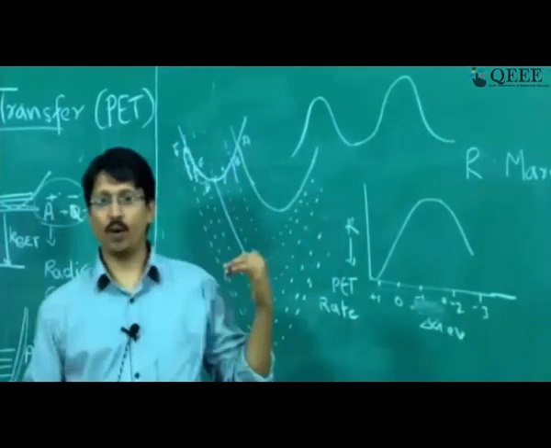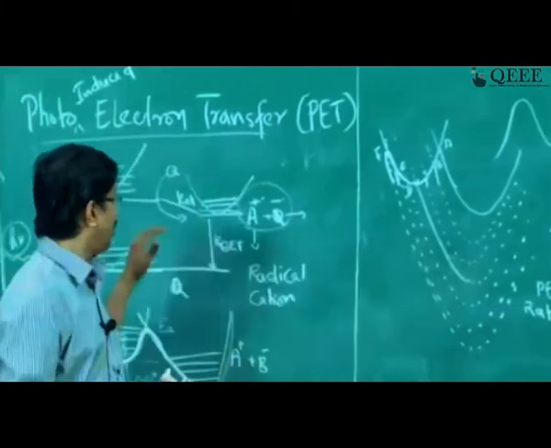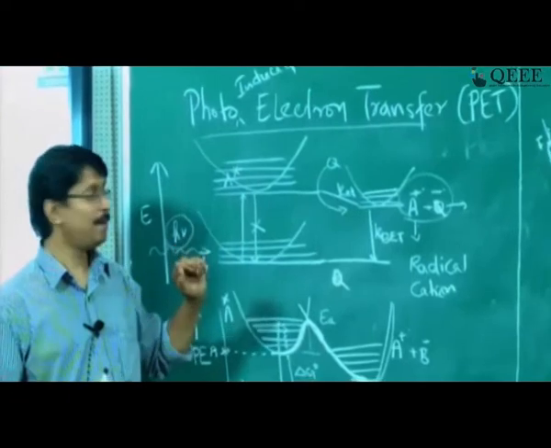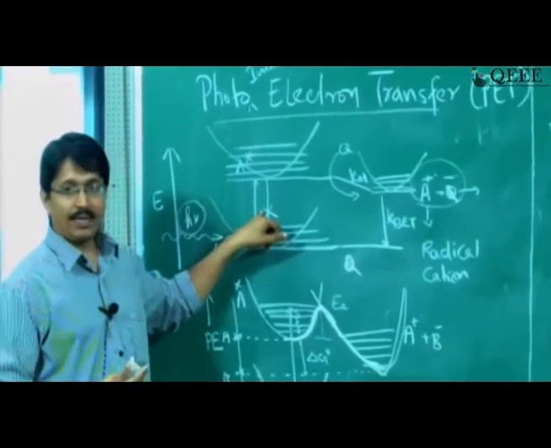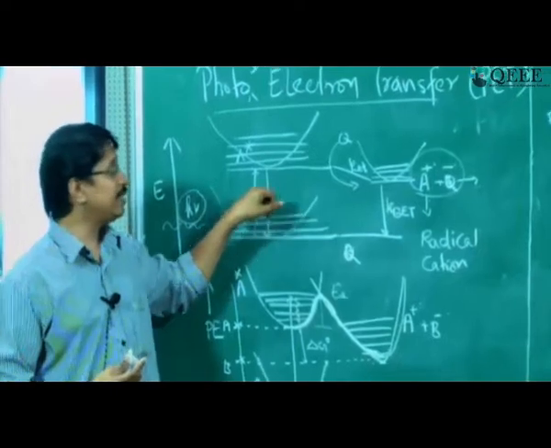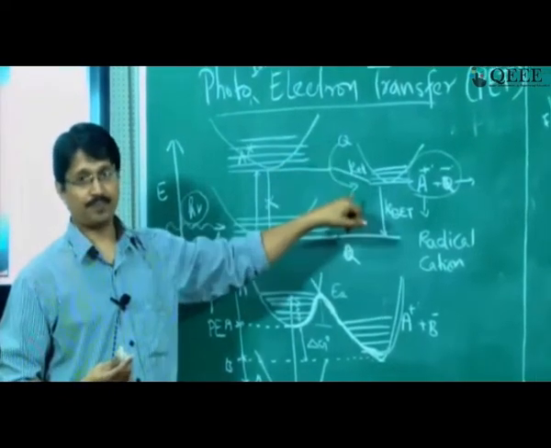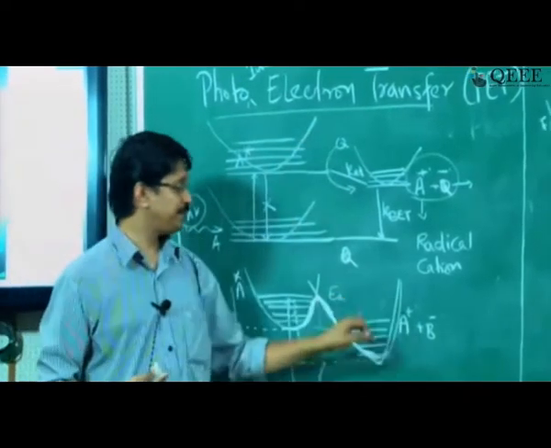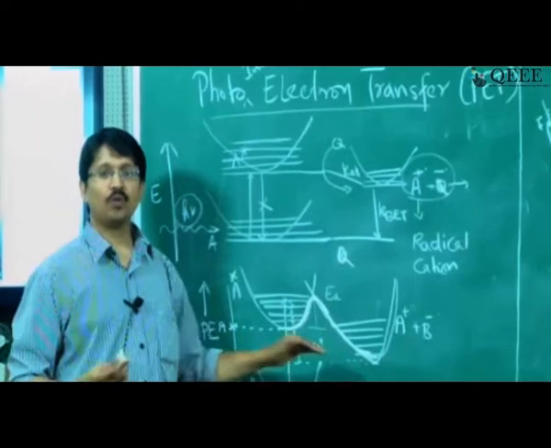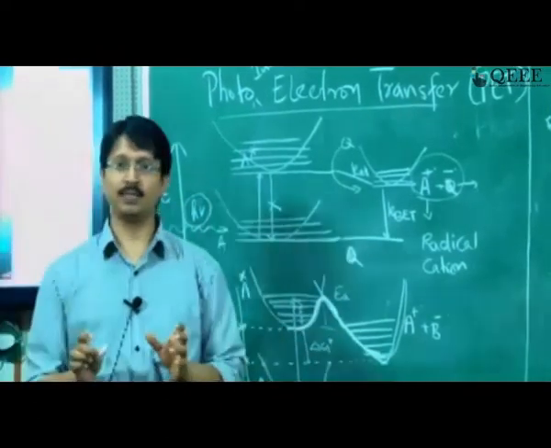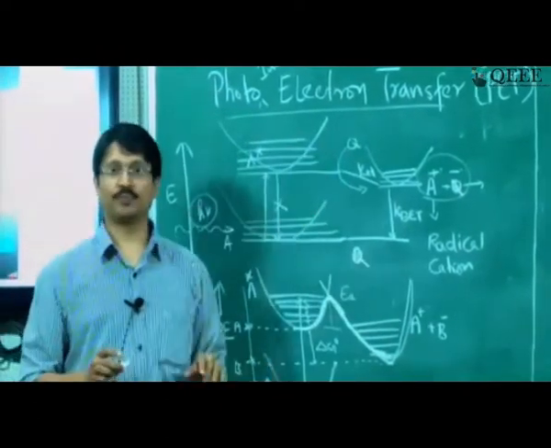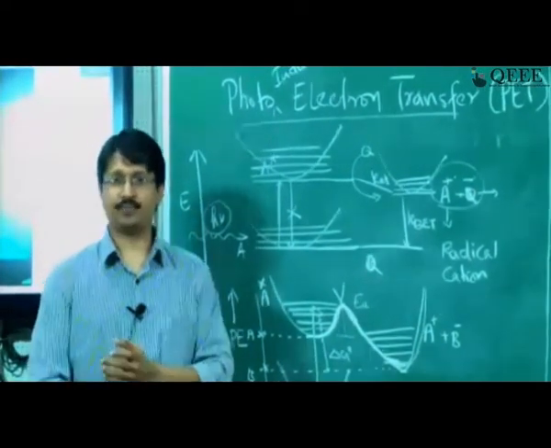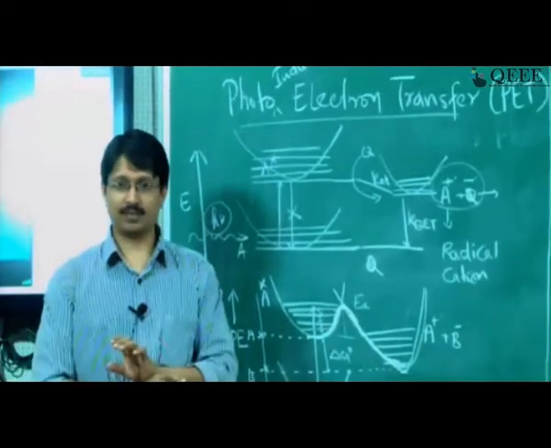Now in our context, why it is important is, when we are developing a sensor based on fluorescence, our intention is that fluorescence intensity will decrease as a result of electron transfer. Now electron transfer will happen or not depends upon delta G. So when you design this donor and acceptor system, A and Q, we may go for a very negative delta G difference, thinking that it will quench the fluorescence.